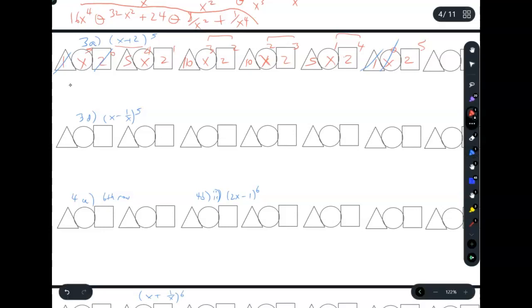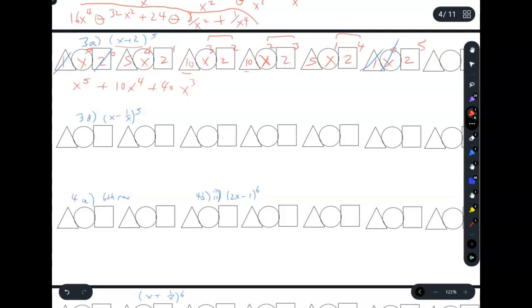All right, so I'm going to put x to the 5th plus 5 times 2, which is 10, x to the 4th. Let's see, that's a 10, by the way. 10 times 2 squared is 40, x cubed.